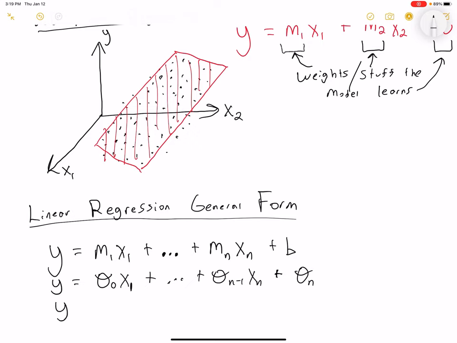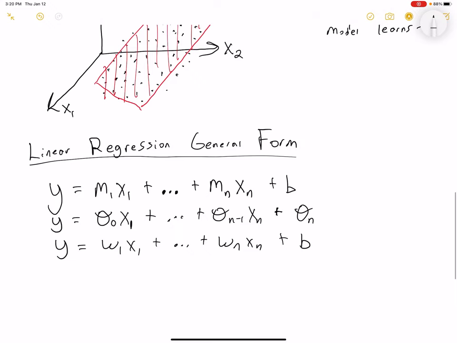Another way that it's written is as w1 x1 plus ... plus wn xn plus b. We'll get to this when we cover neural networks, but W stands for weights, and why it's called weights will make sense when we get to neural networks.